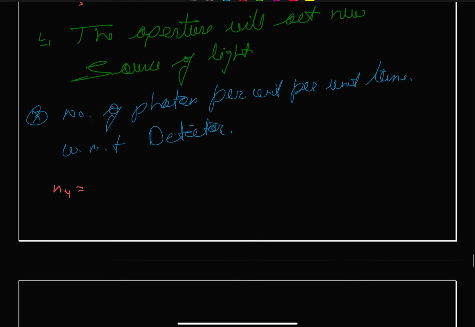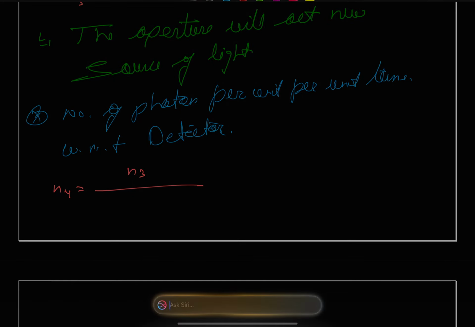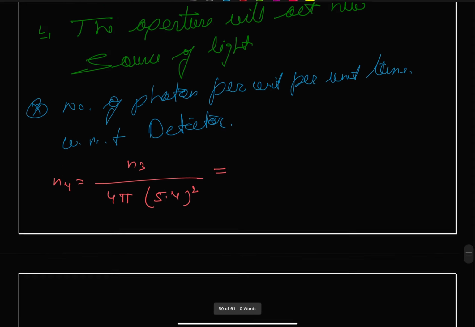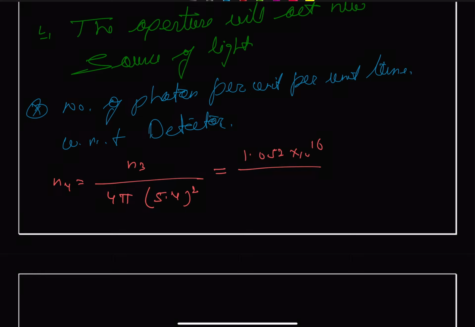So N4 will be equal to N3 divided by 4 pi, distance between is our 5.4 whole square, and this will be equal to our value of N3 is our 1.052 into 10 to the power 16, and this comes as 4 pi 5.4 whole square, approximately coming as 2.87 into 10 to the power 13 per meter square per second.